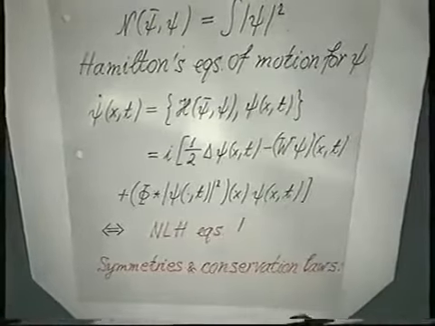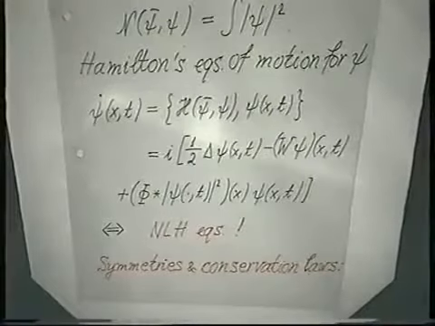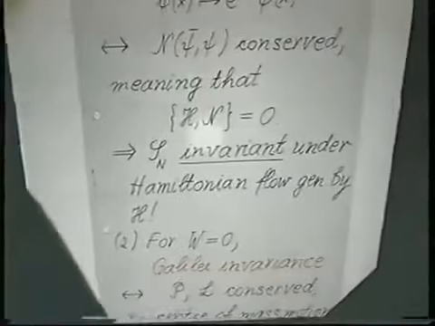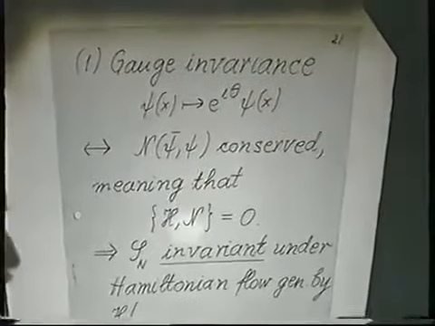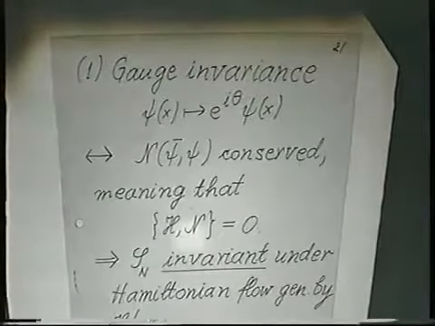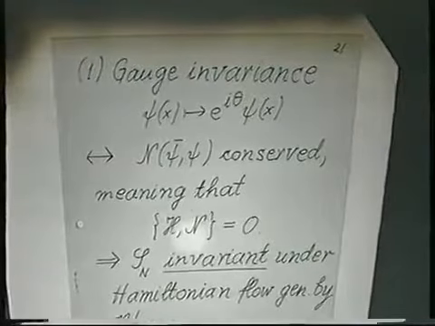Now let's look at symmetries and conservation laws for this Hamiltonian system, just the way we are used to when we do mechanics. First obvious symmetry is gauge invariance. If you change the phase of the function psi by multiplying by e to the i theta, the Hamilton functional doesn't change.